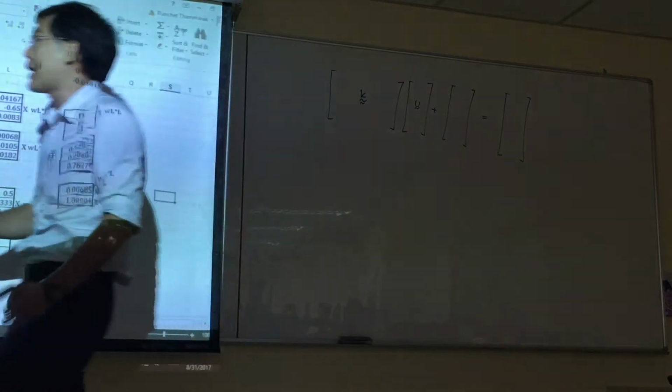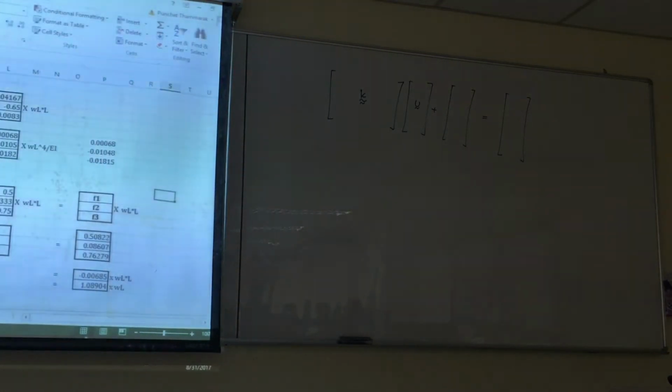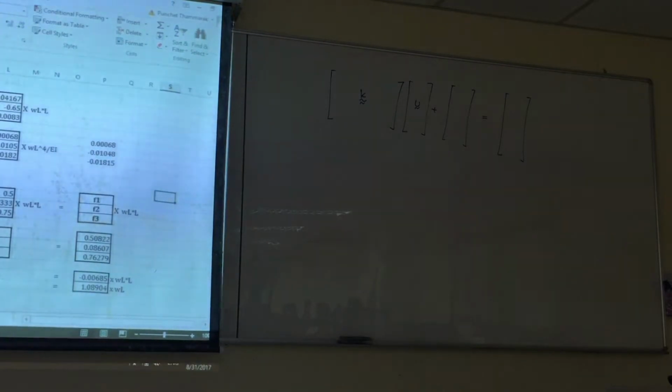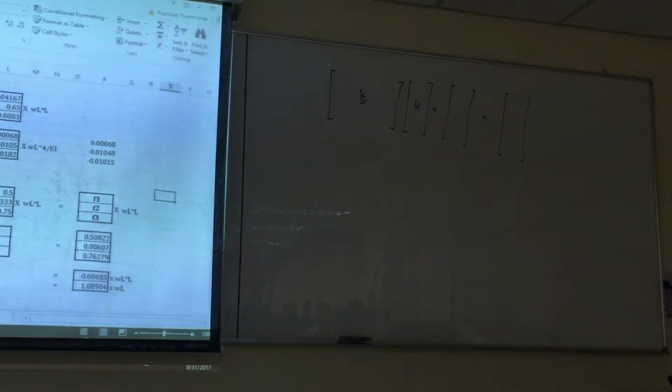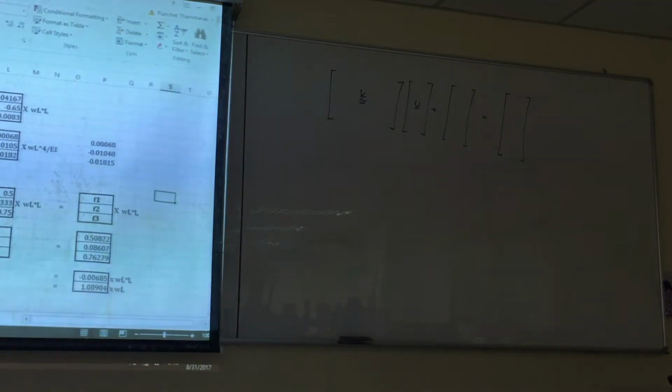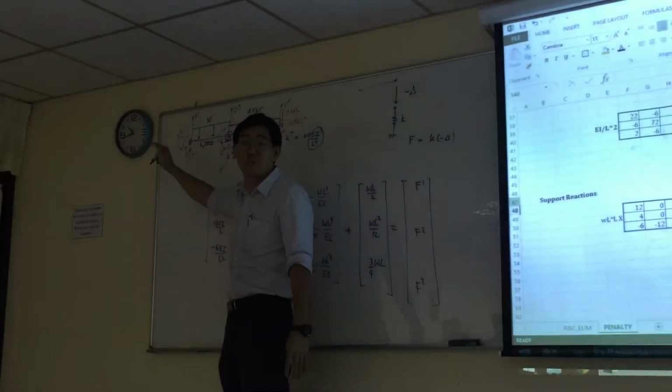So think of this case. You have a spring. The spring is already taken care of in your system of equations. You add the spring in there, and it works. So instead of making it a support, you just make it a spring.